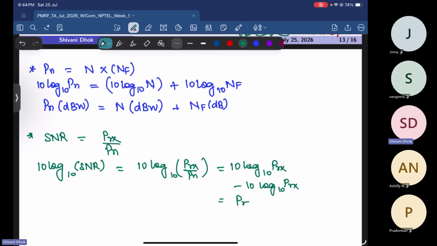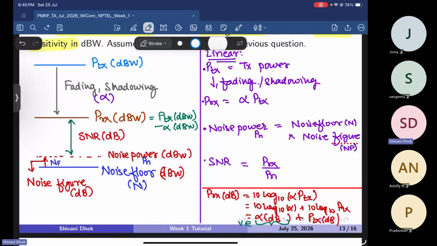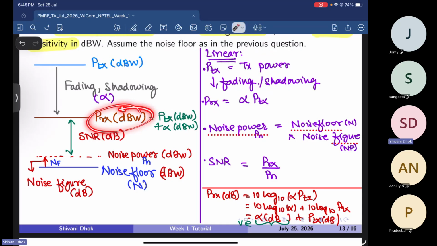This is equal to your PRX in dBW minus your noise power in dBW again. SNR is a ratio. So this SNR is in dB. Now you have this PRX in dBW and you have this noise power in dBW. So the difference in these two is basically your PRX minus your Pn, which is essentially your SNR in dB. So this gap is your SNR in dB.